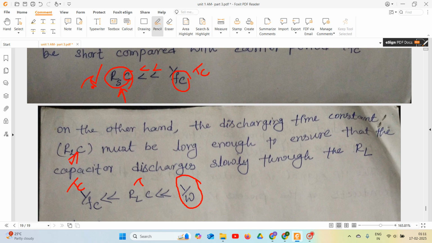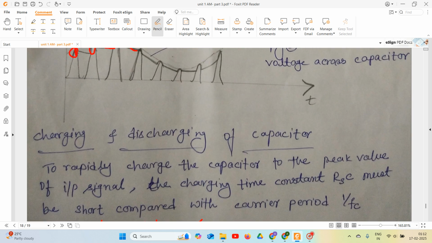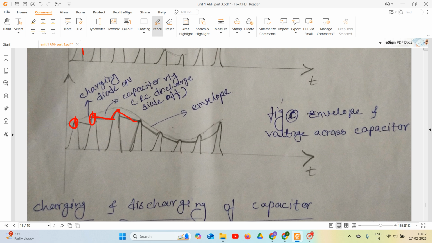So in order to detect this original signal, we call this an envelope detector. We call this trace the envelope.